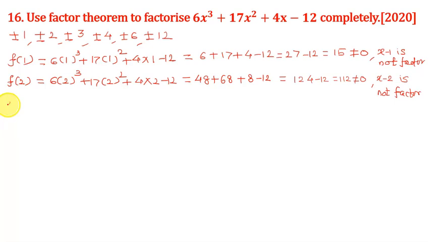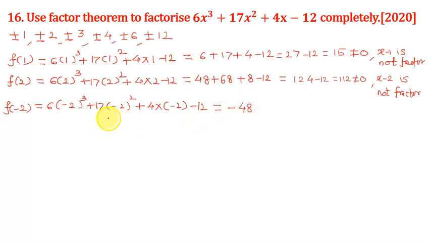Now check whether f of minus 2 is 0: 6 into minus 2 cube plus 17 into minus 2 square plus 4 into minus 2 minus 12. Minus 2 cube means what? You have minus 8, and overall that is minus 48.